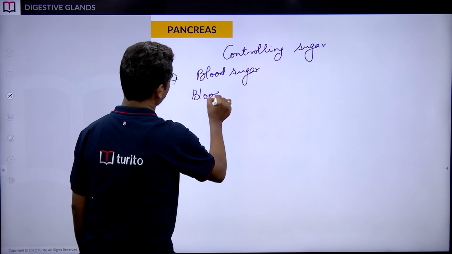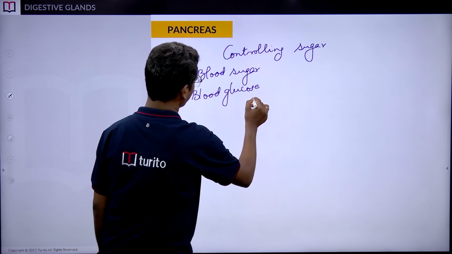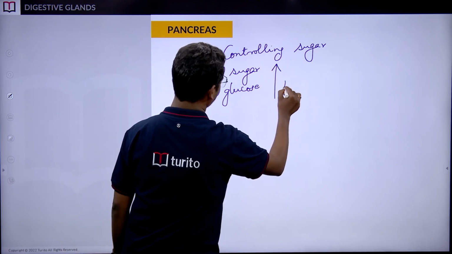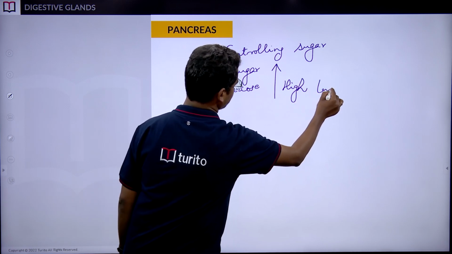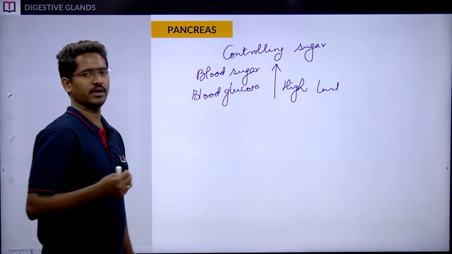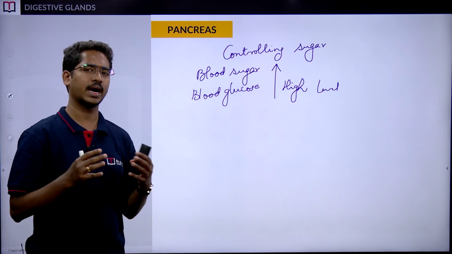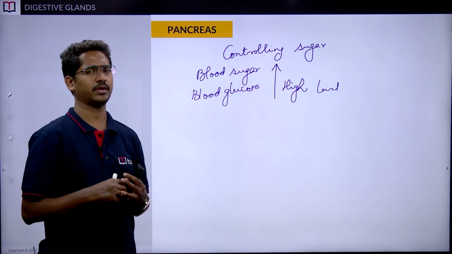You are saying that it is also involved in putting down the blood glucose only when it is high. So, when the blood sugar or blood glucose level is very high in our body, that is when you see the pancreas acting.